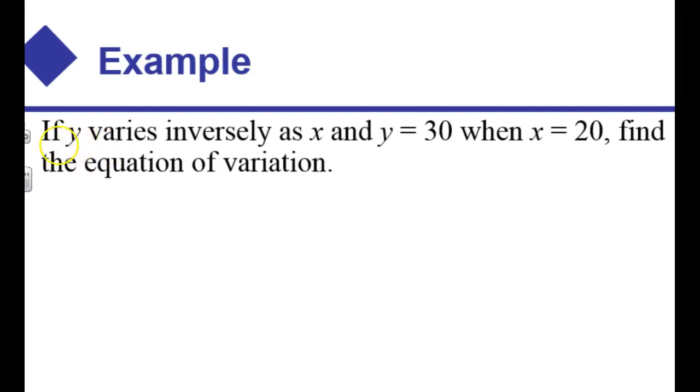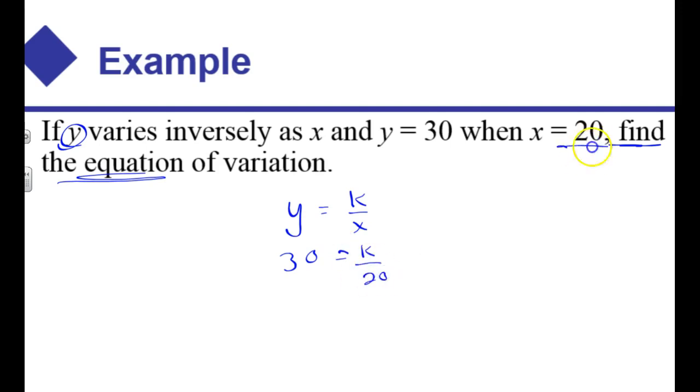So let's find an example. It says y varies inversely with x. So I'll write down y is equal to k divided by x. It says find the equation. So let's just plug in 30 is equal to k divided by 20, and I get 600 equals k, but it didn't say find k.